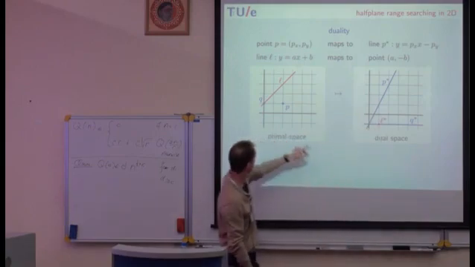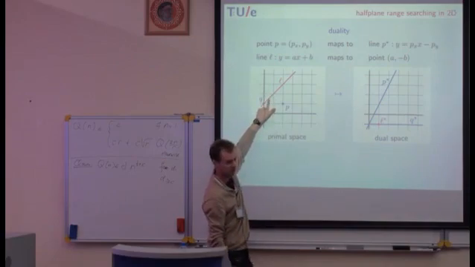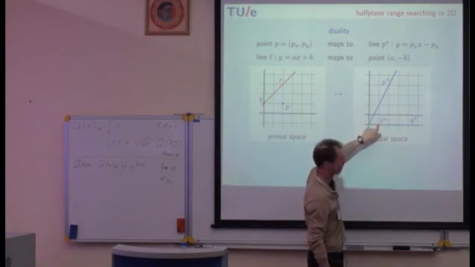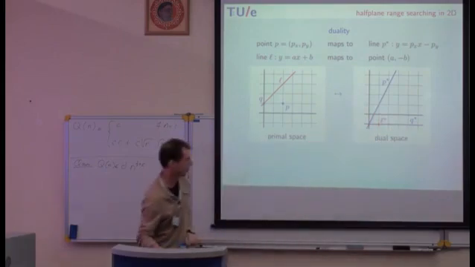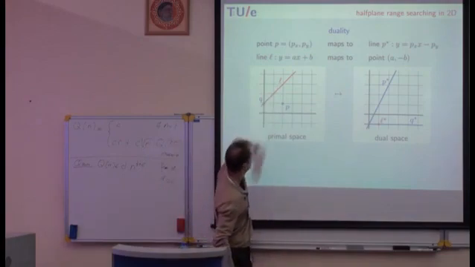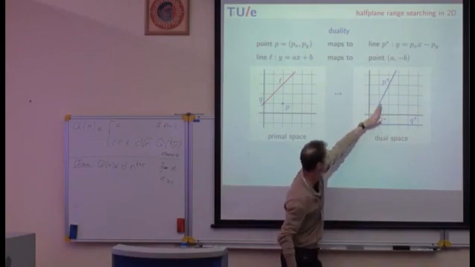So the important property is that if, let's say, this point Q lies on this line L, then here the point L star, so the dual of that line, lies on the dual of that point. Okay? And also if this point lies below this line, then here this point lies below this line.